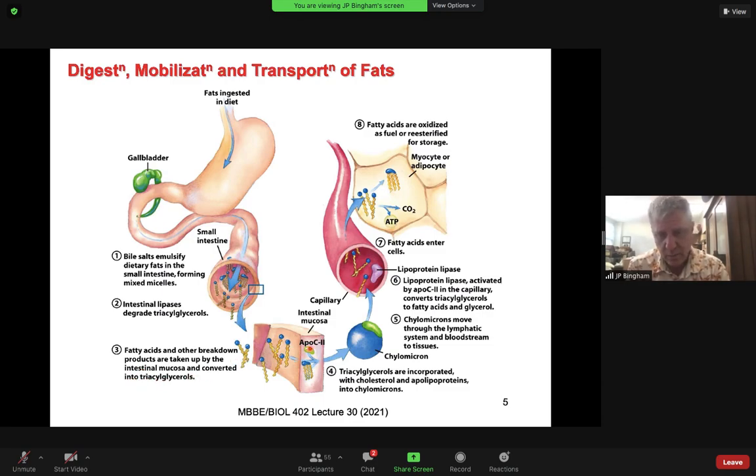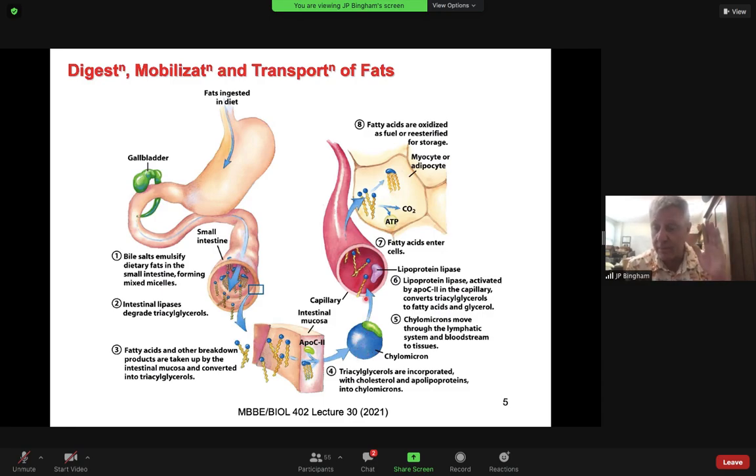So again, we're going to break them down and reconvert them into triacylglycerols for transportation. Once they're in the circulatory system, they're going to be transported in lipoproteins or chylomicrons and allow them to be transported happily into the circulatory system.